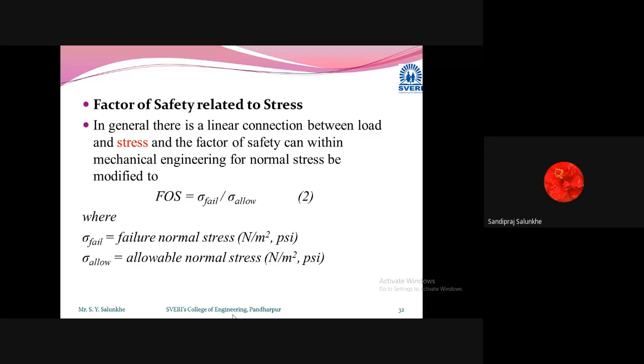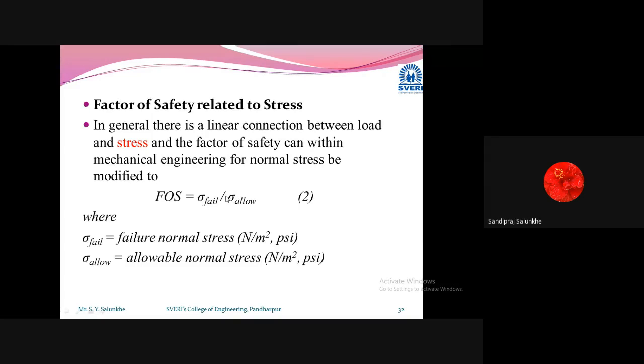So let us consider that sigma suffix fail is the failure normal stress in Newton per meter square or Pascal, and sigma suffix allow is the allowable normal stress, again in Newton per meter square or in Pascal. So when we write the equation for factor of safety, it will become the sigma which is required to fail that component divided by the sigma which is allowed in that component.